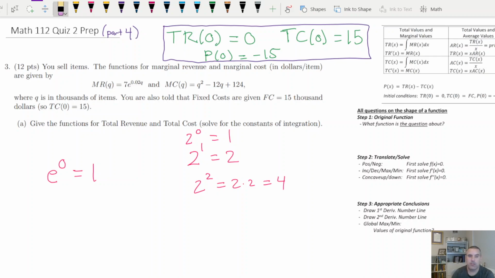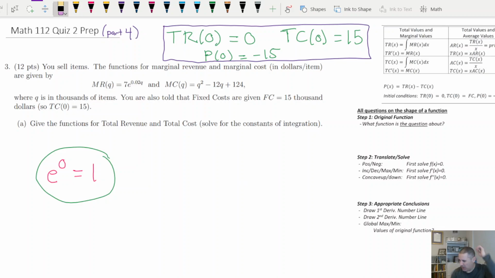You needed that in Math 111 when you were dealing with bank account problems. So this is an expected prerequisite, that you know e to the 0 is 1. It pops up in these problems in a moment. But I encountered 4 or 5 students that didn't know that, so that's something we need to have in our toolbox.